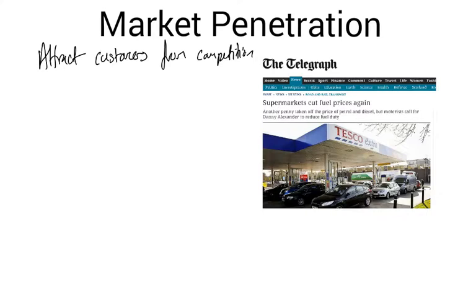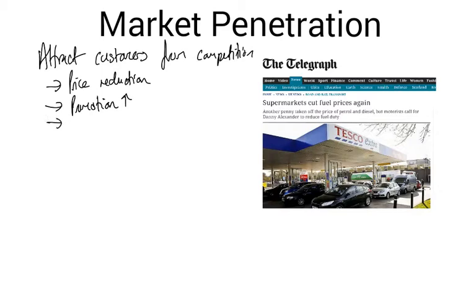And we see this a lot with supermarkets. The example I've given you here in the image is a recent round of petrol price cuts. So price reductions is a very common approach to market penetration. But other things that we may well see here is an increase in promotion activity.